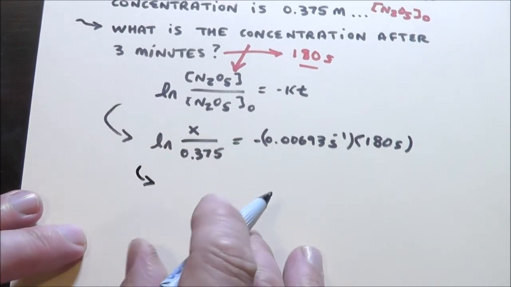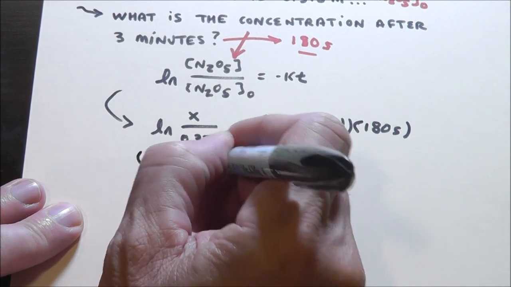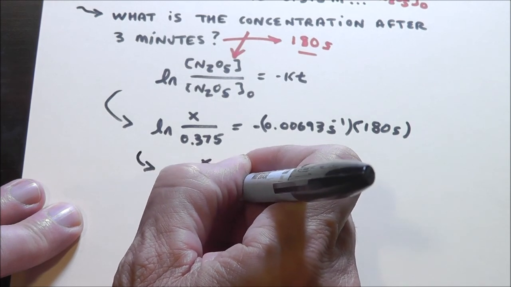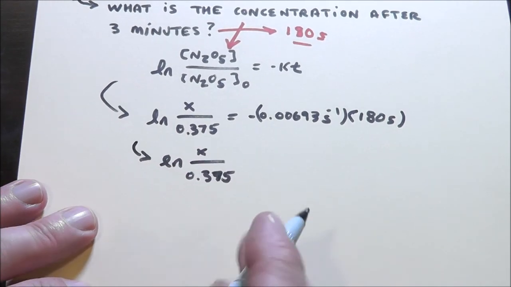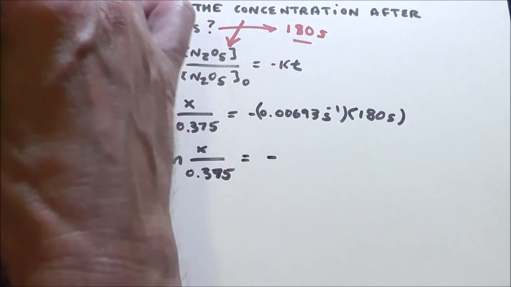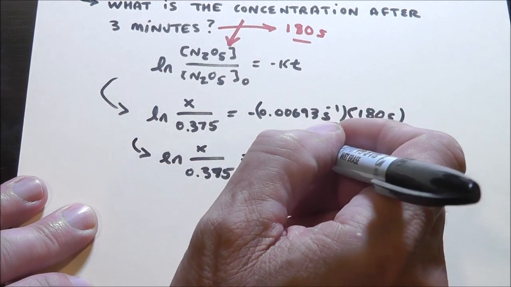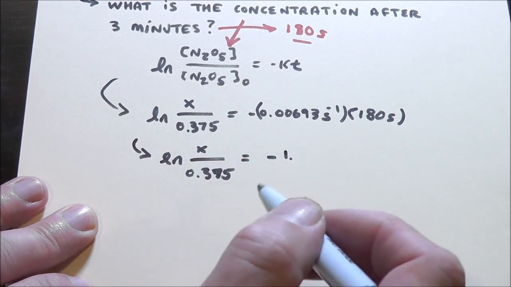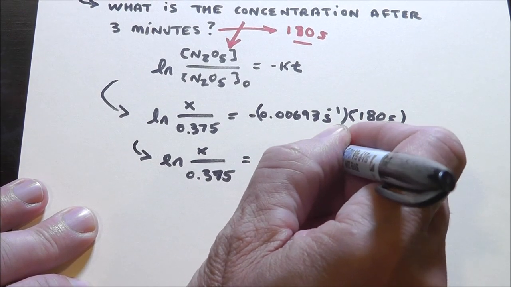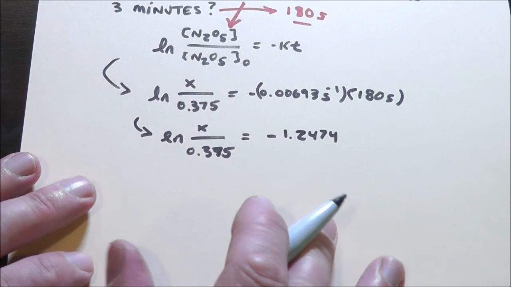So pushing onward, natural log of x over 0.375 equals minus, now watch out for that minus sign, because it turns out that minus is always what happens when you have a natural log of something less than 1. 1.2474. Now it gets a little tricky.